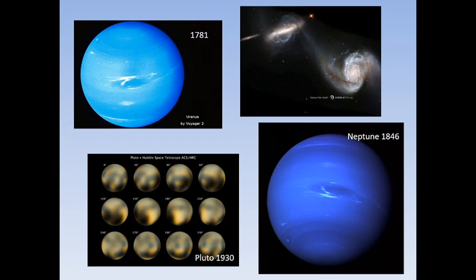So, we can think of that as looking through a telescope and seeing something new out there. And every time we look in a telescope, every time we point the Hubble telescope in a new spot, we could potentially see something new that we've never seen before.